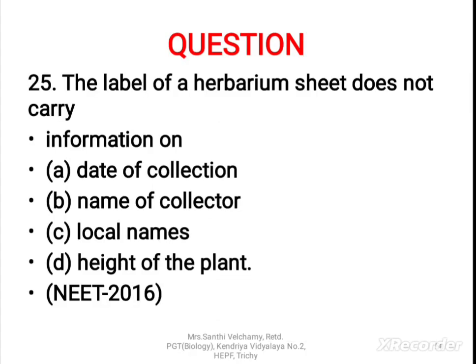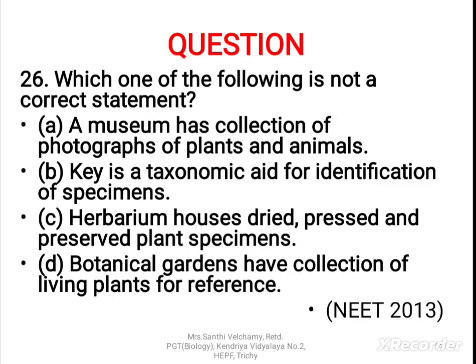Then 25th question, the label of a herbarium sheet does not carry information on date of collection, name of the collector, local names, height of the plant. So the correct answer is the height of the plant. A herbarium sheet does not carry the information on height of the plant.